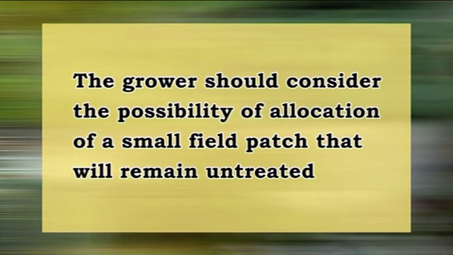The last filling must be metered correctly or even so as to fall a bit short of the needed amount. The grower should consider the possibility of allocation of a small field patch that will remain untreated. Such field patch shall be used for the spraying of pesticide mix left over that will inevitably remain in the tank after every treatment.